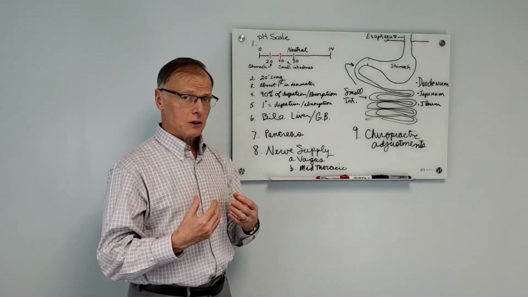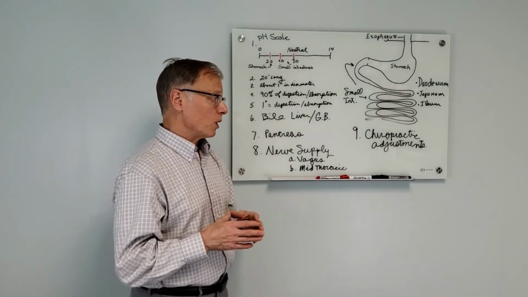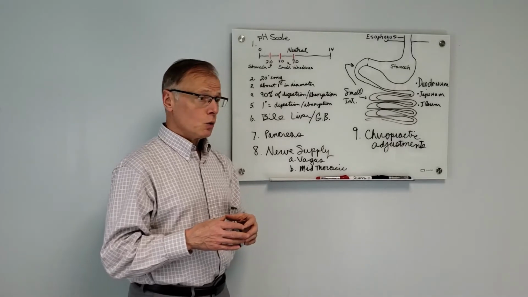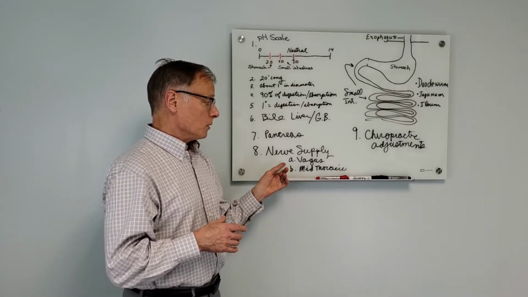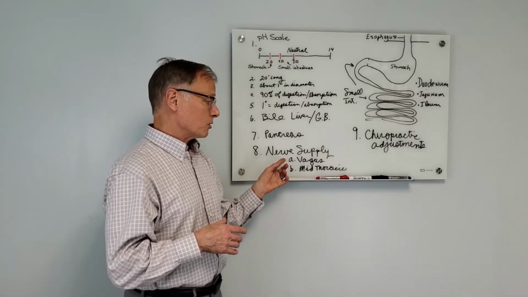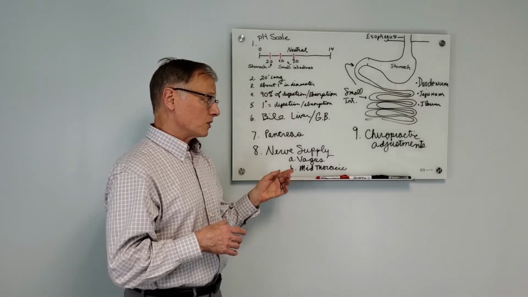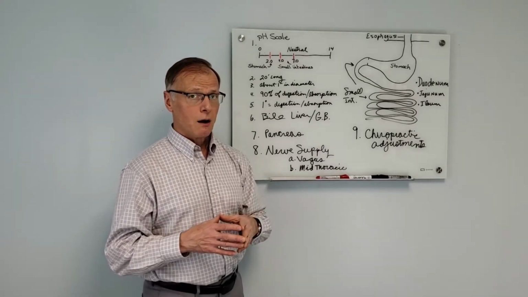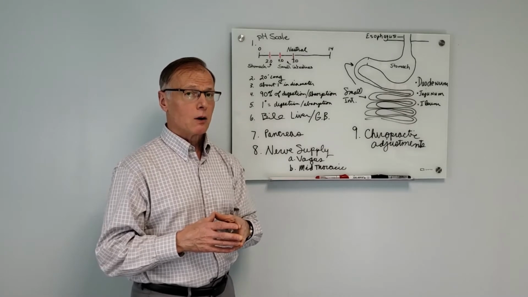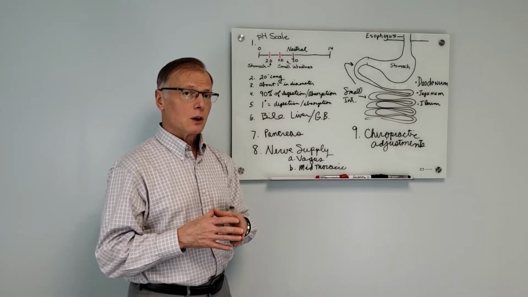So by utilizing chiropractic adjustments and pressure points, you begin to alter for the good the nerve supply from the upper cervical spine and into the mid-thoracics, and absolutely help people digest foods better.